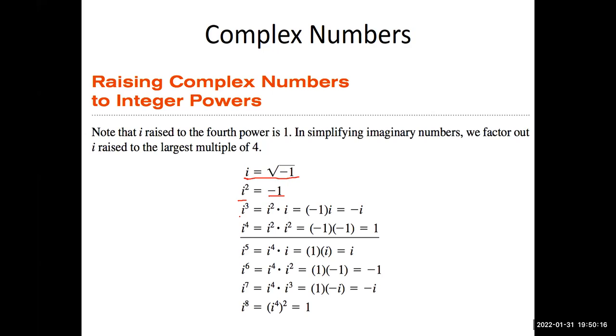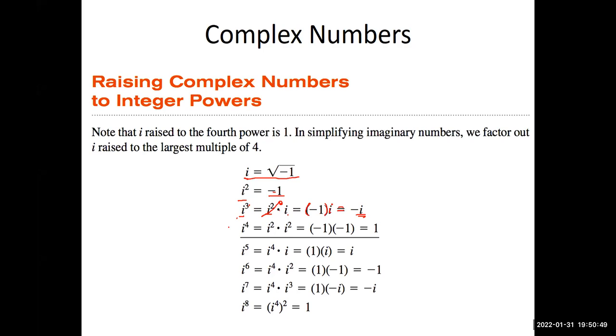For example, we have i cubed. When we expand i cubed, it is equal to i squared multiplied by i. But we all know that i squared is equal to negative 1. So therefore, i cubed is equal to negative 1 multiplied by i, which is simply negative i.